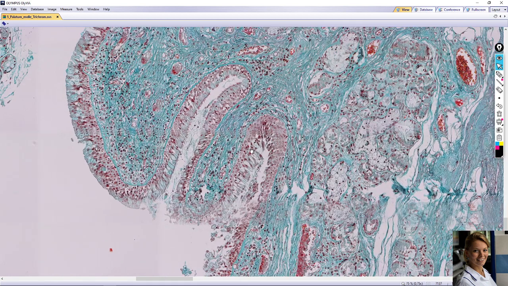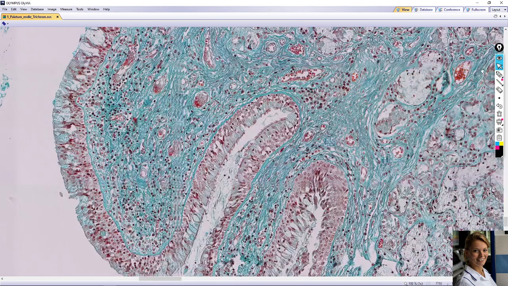with goblet cells. So here is a basement membrane, and each cell rests on the basement membrane, but only some cells reach the free surface.